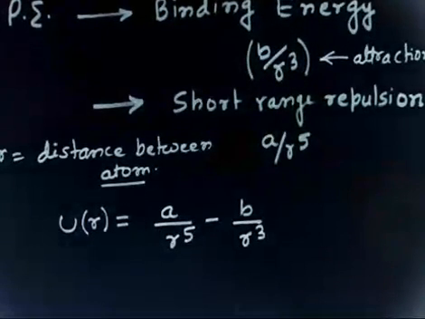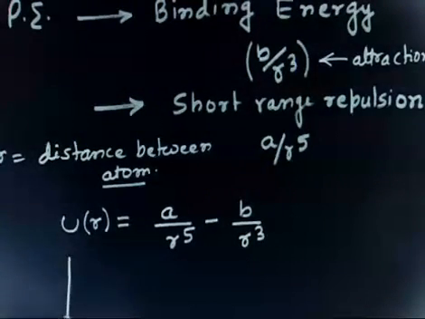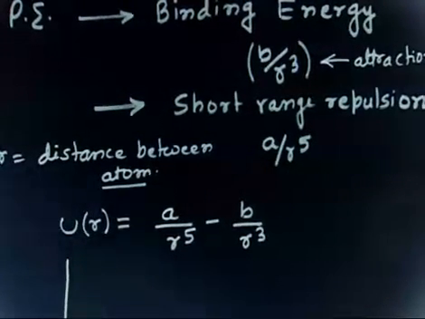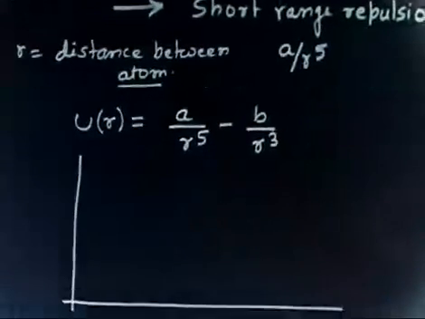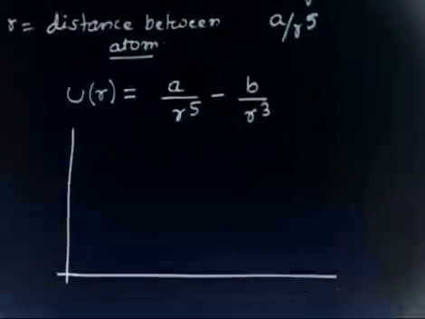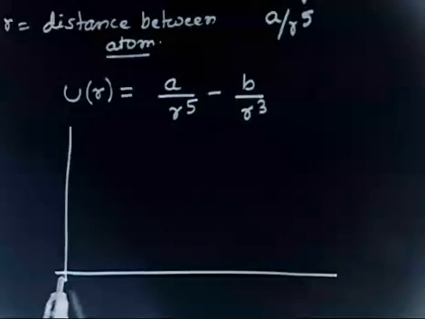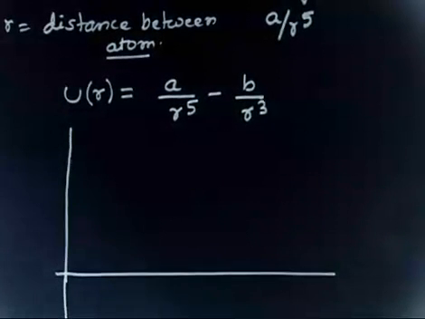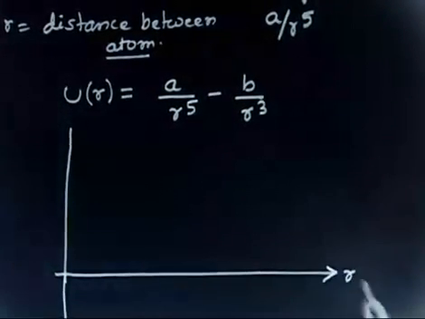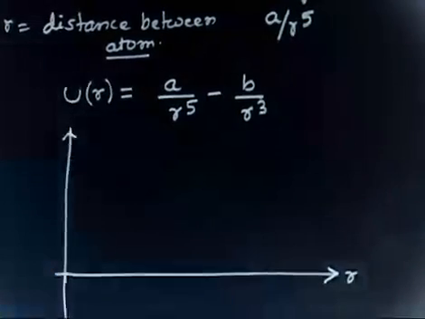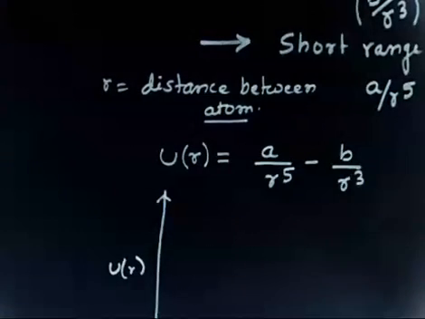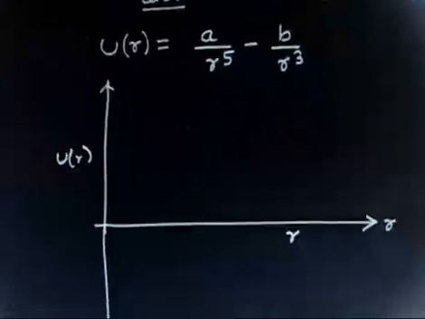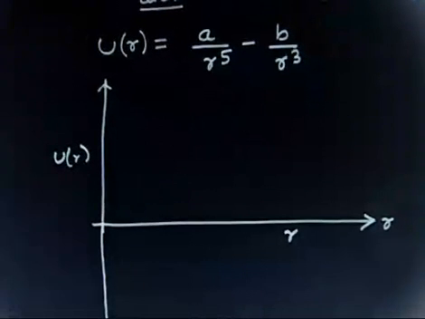And there is a plot that is also given. So if you know the potential energy function, you can plot this graph, but the plot is given to you, so there is no need to plot. On the y-axis you have potential energy, on the x-axis you have distance between two atoms.